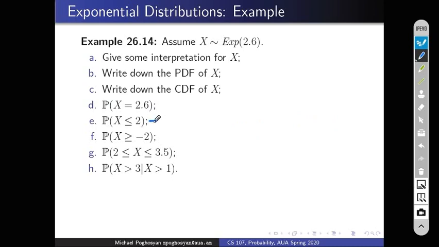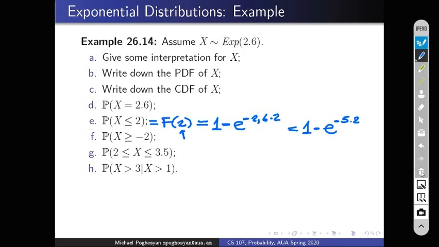So this is equal to the CDF at the point 2. Because here we have a positive number, I will use the first part of the formula for F. That is 1 minus e to the minus lambda times x, where x is 2, 2.6 times 2. So this is that probability. Let me write 1 minus e to the minus 5.2.